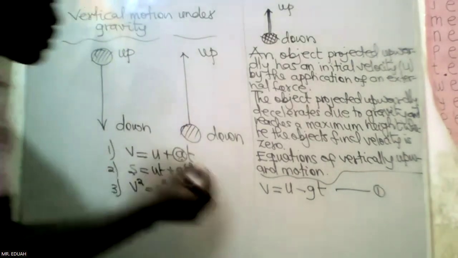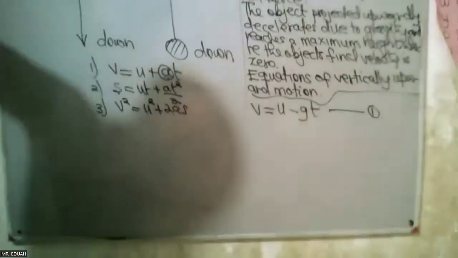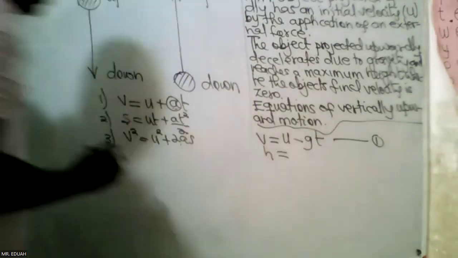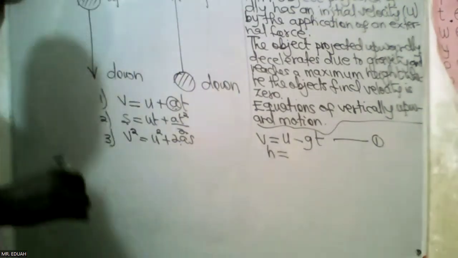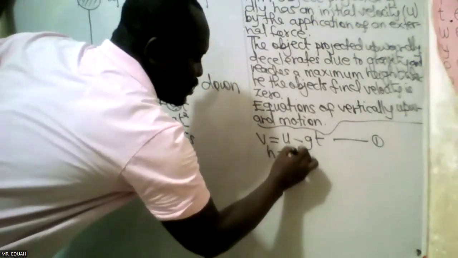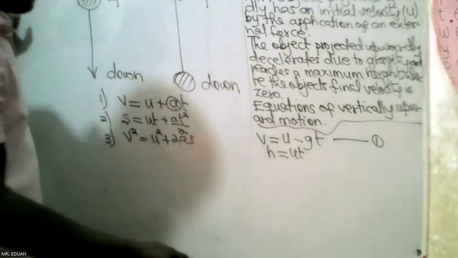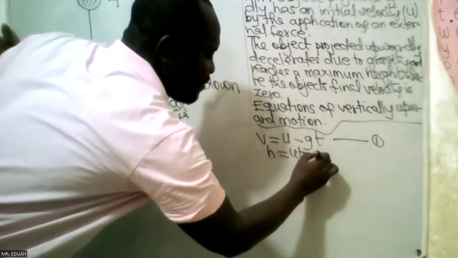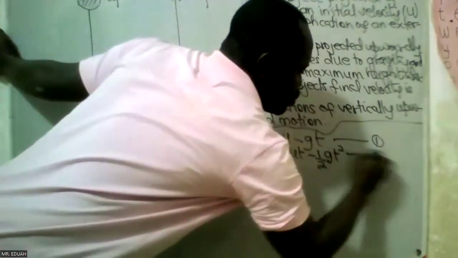Then for the vertical height traveled by the body, we won't use displacement, but we'll use height, h. So s changes to h because we are talking about vertical height traveled. So h is equal to ut. This acceleration is a deceleration due to gravity. So minus half gt squared. That is equation 2.